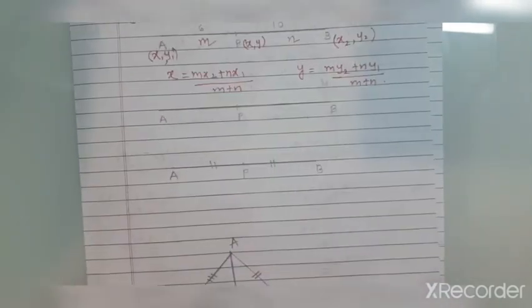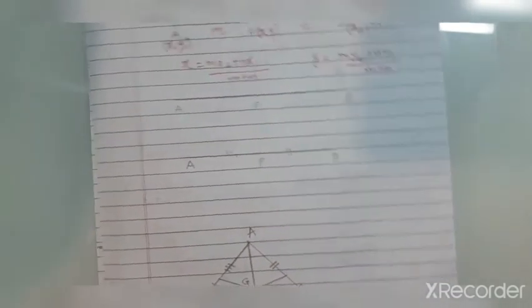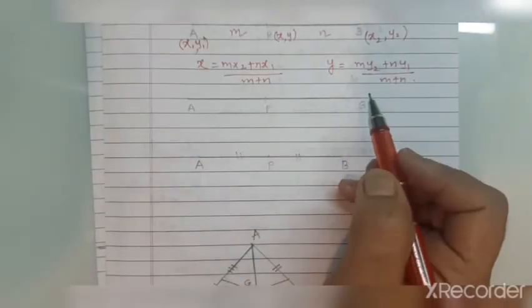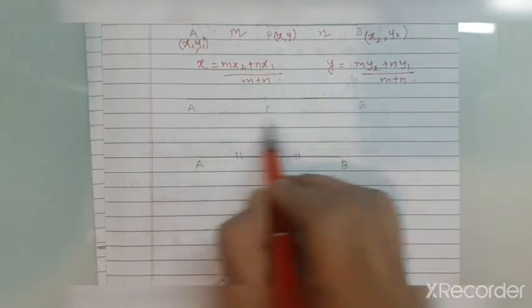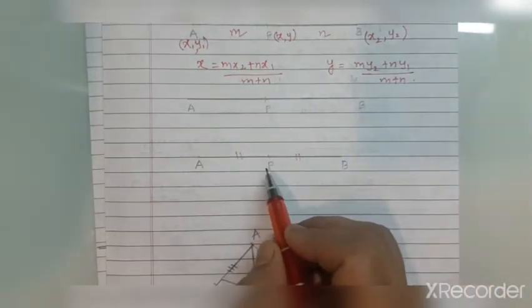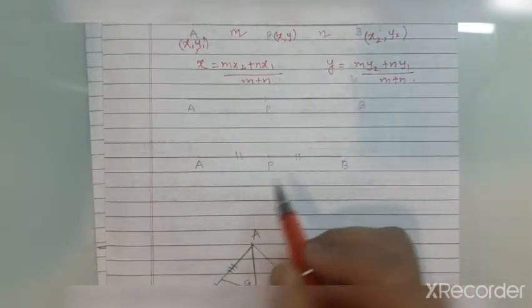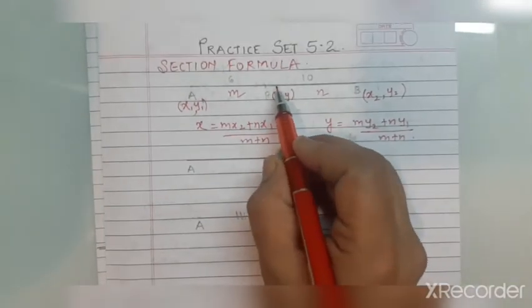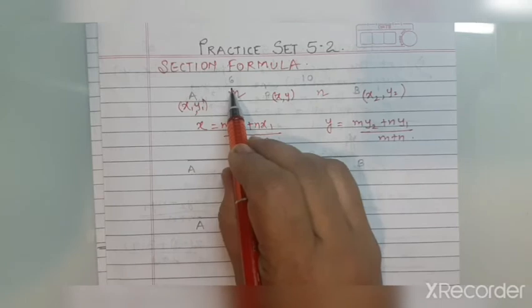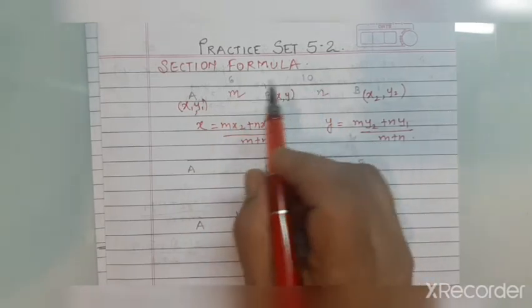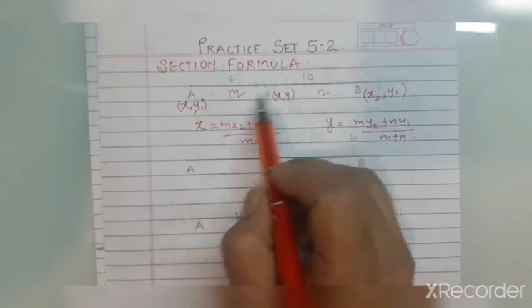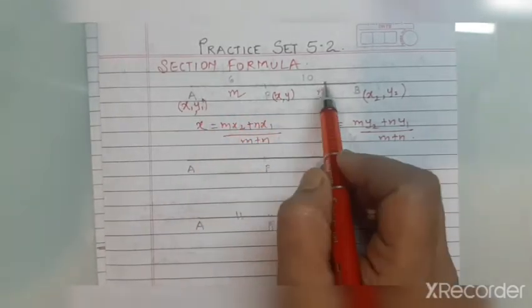Now after the section formula, consider if the given segment is divided into exactly 2 equal parts. Here you saw that this point P divides the segment in the ratio 6:10, so the parts are not equal.